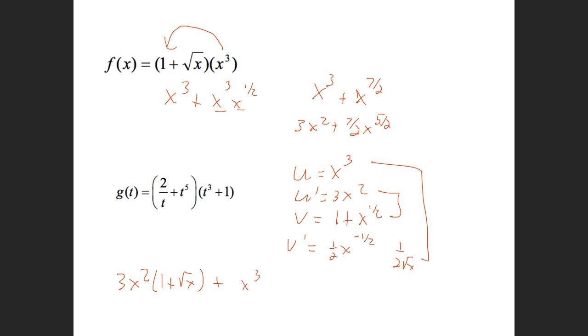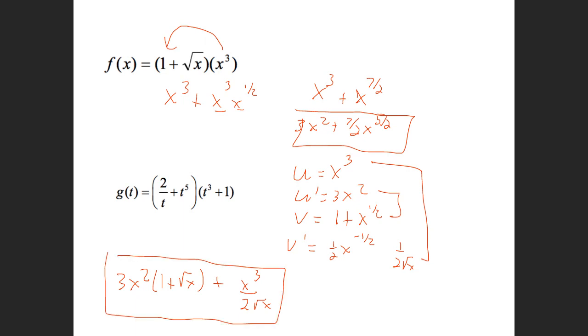I've got x to the third times 1/2. Now, you look at these two answers, and you'd have to say to yourself, those don't even look close. But I guarantee you, if you did the math on this, if you simplified this thing down, it will be exactly the same as this problem.